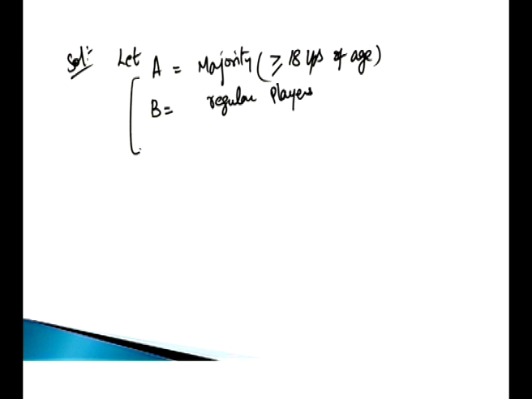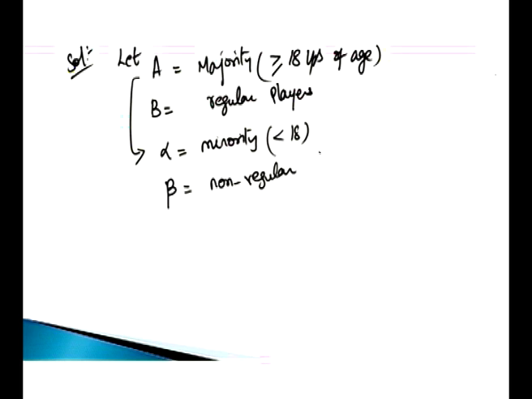When A represents majority, then alpha represents a minority, right, less than 18 years of age, and then beta represents non-regular players.